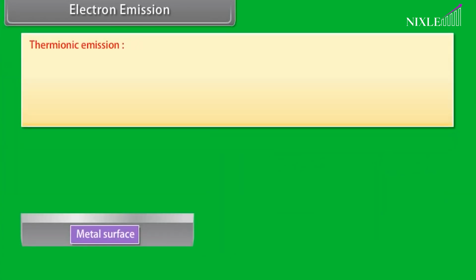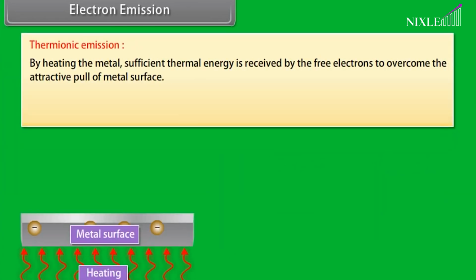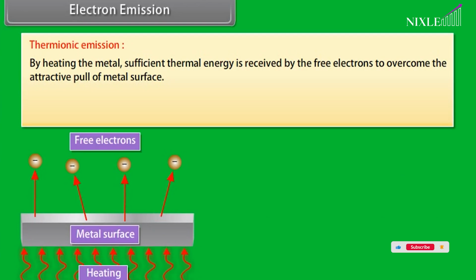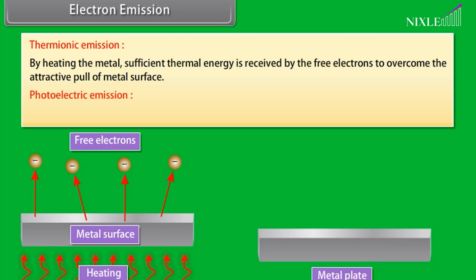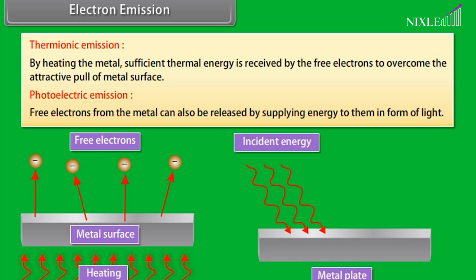Thermionic emission. By heating the metal, sufficient thermal energy is received by the free electrons to overcome the attractive pull of the metal surface. Photoelectric emission. Free electrons from the metal can also be released by supplying energy to them in the form of light.